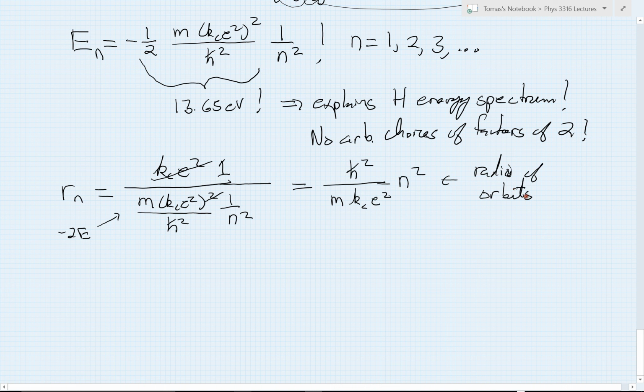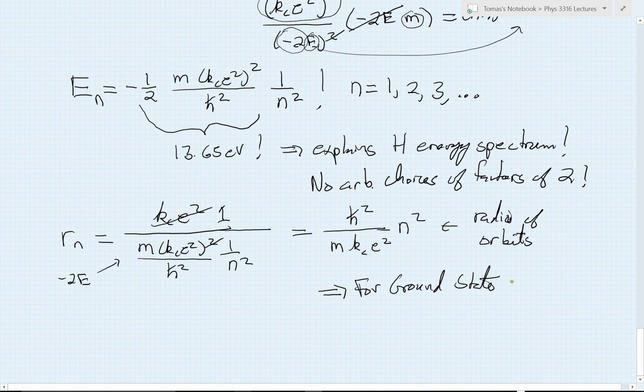Now, what is also exciting about this result is not only that we get the radii of the orbits, but I want you to note that the ground state, the lowest energy state, corresponds to n equals 1. We can see that because n equals 1 gives us the most negative number.